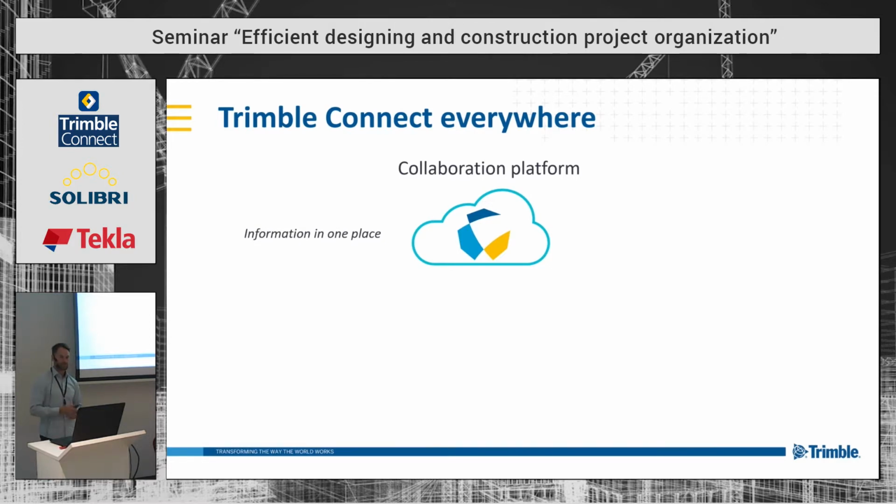So what is Trimble Connect, and why is it called a collaboration platform? The idea is that it's a cloud-based system and information is in one place. The documents, everything is there, and that's why you can easily access everything. It's safe, and it's in digital format, so no paper.